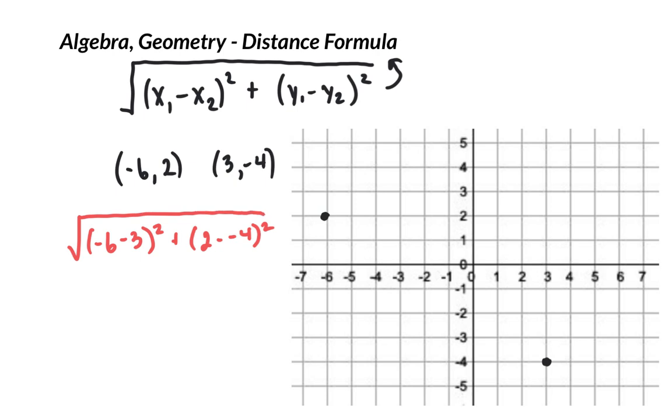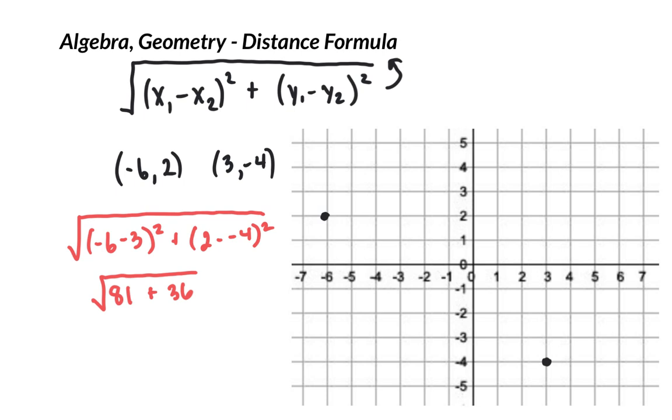So this first thing, of course, -6 minus 3 is -9. But when we square it, we get 81. 2 minus -4, but minus a negative is plus, so this is 6. Squared is 36. We're going to take the square root of that.